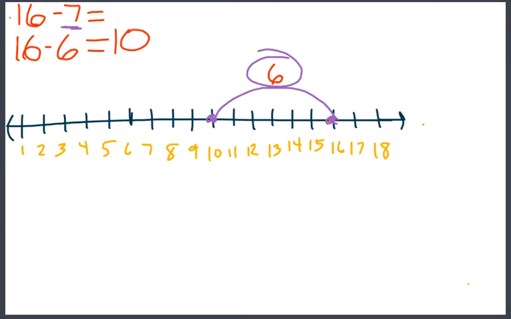So why does stopping at the 10 make it easier to subtract from a teen number? Remember, we are subtracting from 16, which is a teen number. And it's easy to take away the digit in the ones place to get to 10. You can think of 10 as a friendly number.